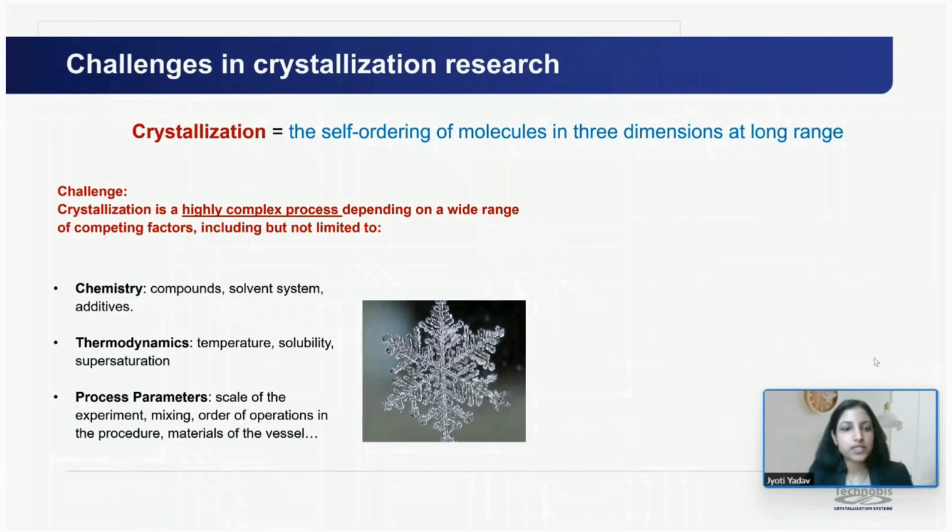First is the chemistry and the compound themselves, and then the choice of solvent systems and any additives or anti-solvents used. These chemical choices can drastically affect the crystallization outcomes.